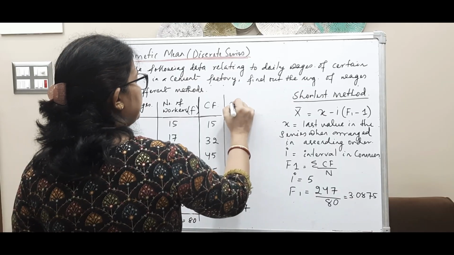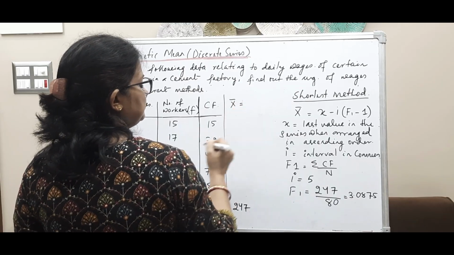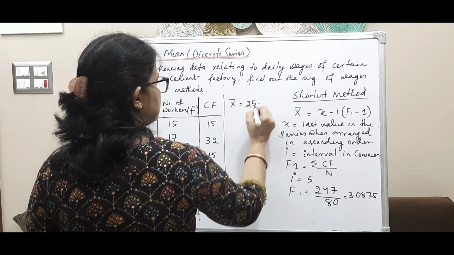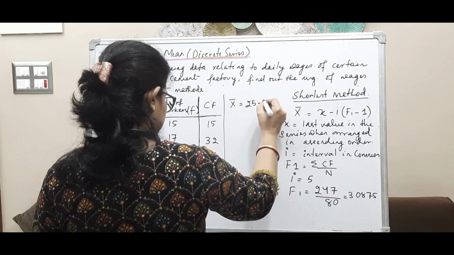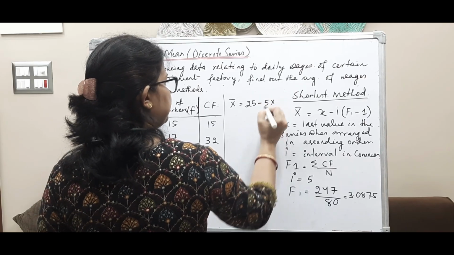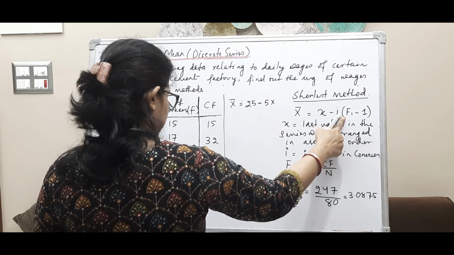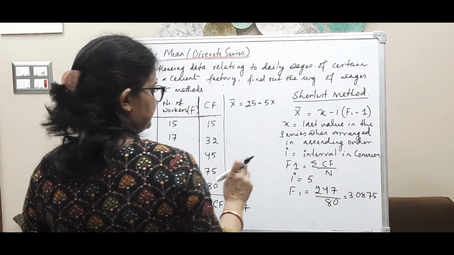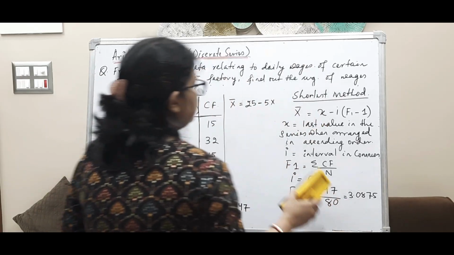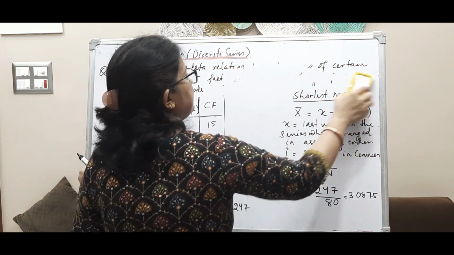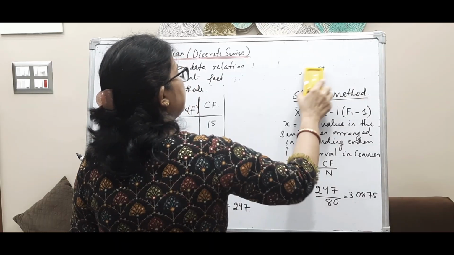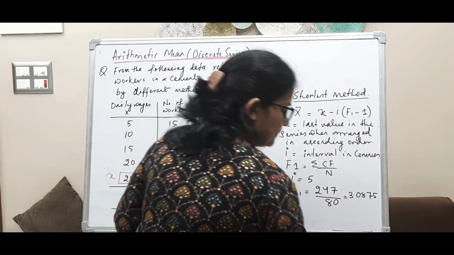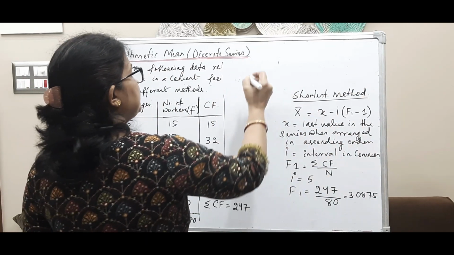So what can we write? X bar equal to 25 minus 5 into F1. Let me do it here.